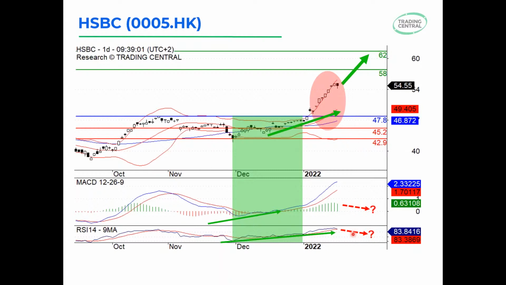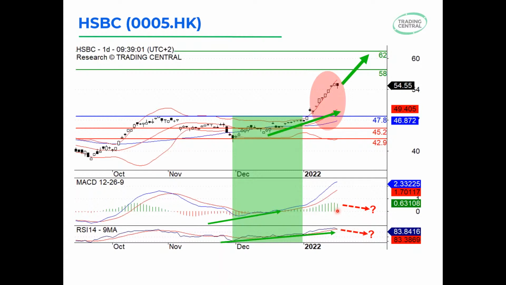Now, the RSI has even jumped up to the 80s. It is way overbought. But as I said, a stock can stay in the overbought region for a long time. Your job is to see if it will come back down.